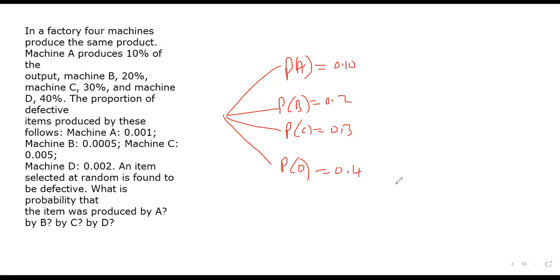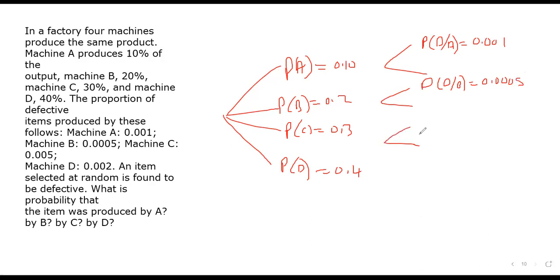Are we together so far? Yes, we are. Then we are told that the defectives are given as follows. Machine A, 0.001, defective coming from A. Then machine B defective, D given B, is 0.0005.